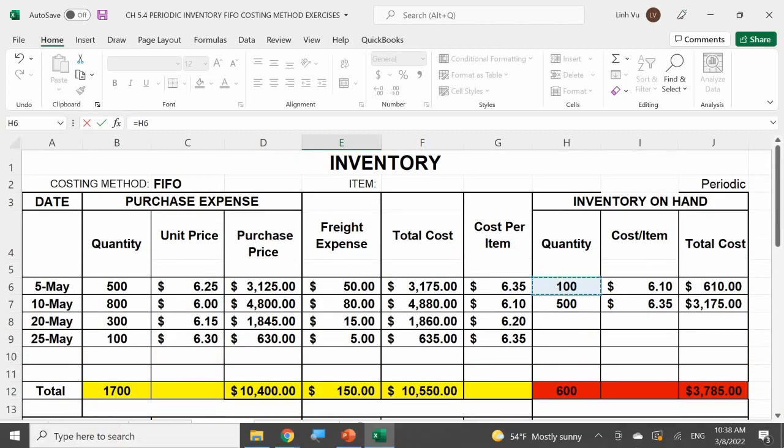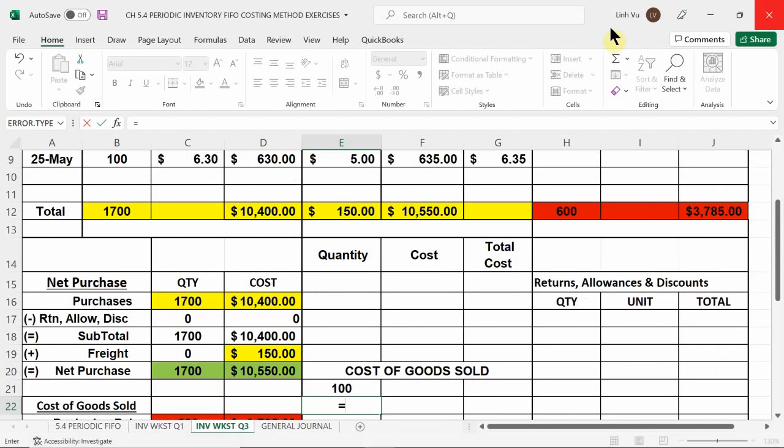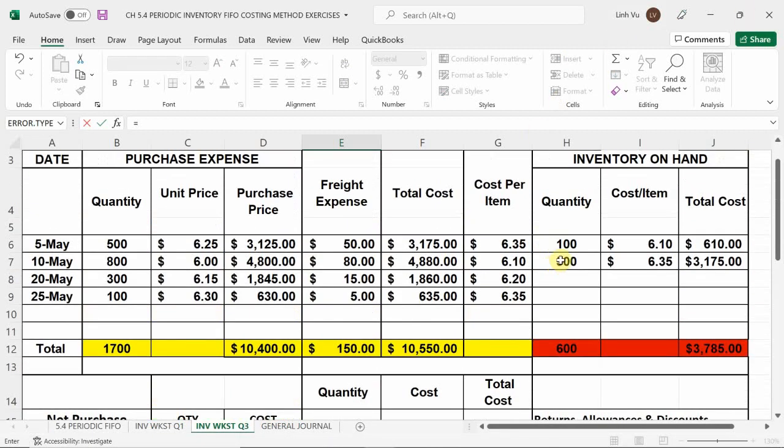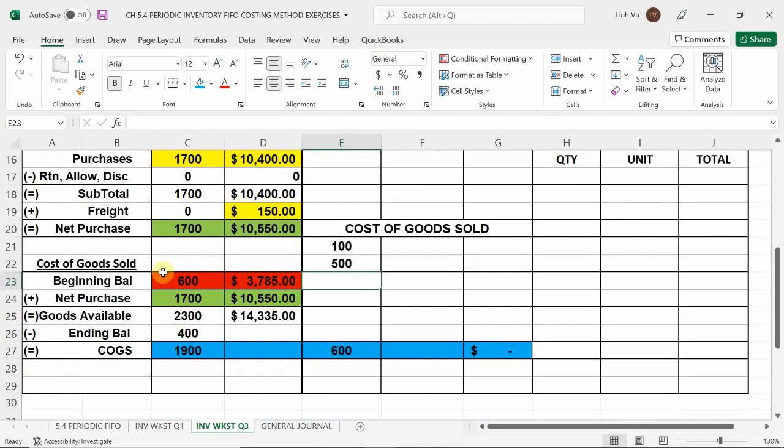I understand that we're going to sell all 600 anyways. Why not just take the whole 600? You can do that, but once again, we are using the rules of FIFO here, right? Think of it, if this was milk, would it be a good thing if you sold the 500 before the 100?